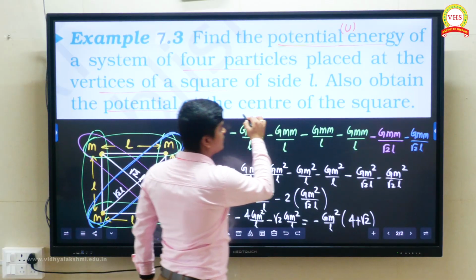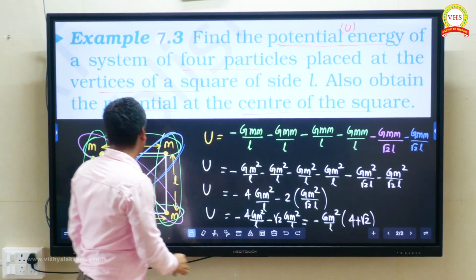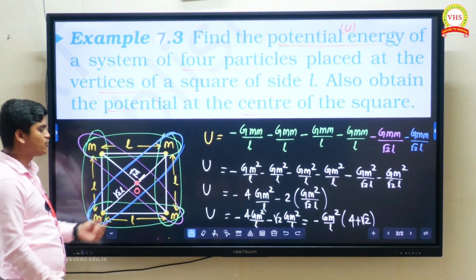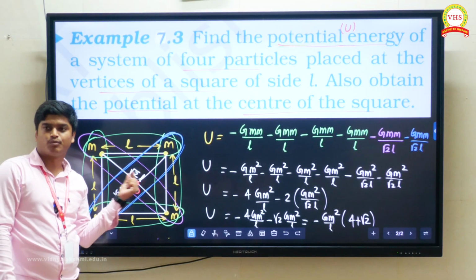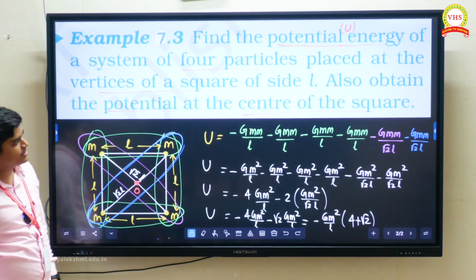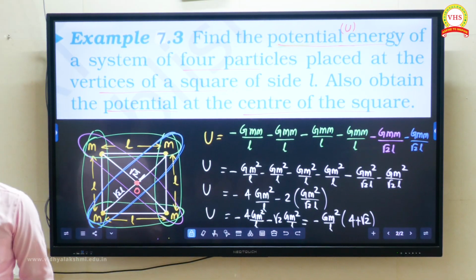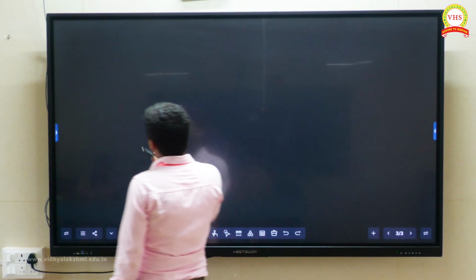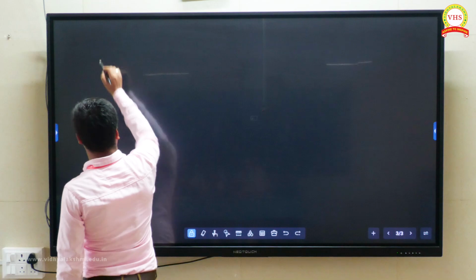Potential at the center of the square. That means at the center. So this is the center here, O. This is a square. So what is the potential at the center? Yes or no? That one we'll try to find. Now second question. They are asking you to find potential at the center.